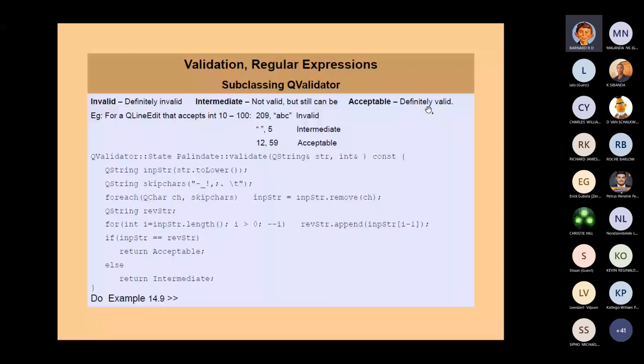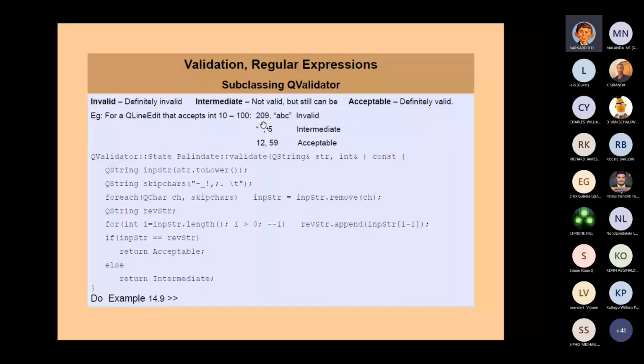It complies with the requirements, generally a regular expression. And then to look at an example, say we had a QLineEdit that we wanted to be able to accept integers between 10 and 100. If a user entered 209 or ABC, those are definitely invalid.